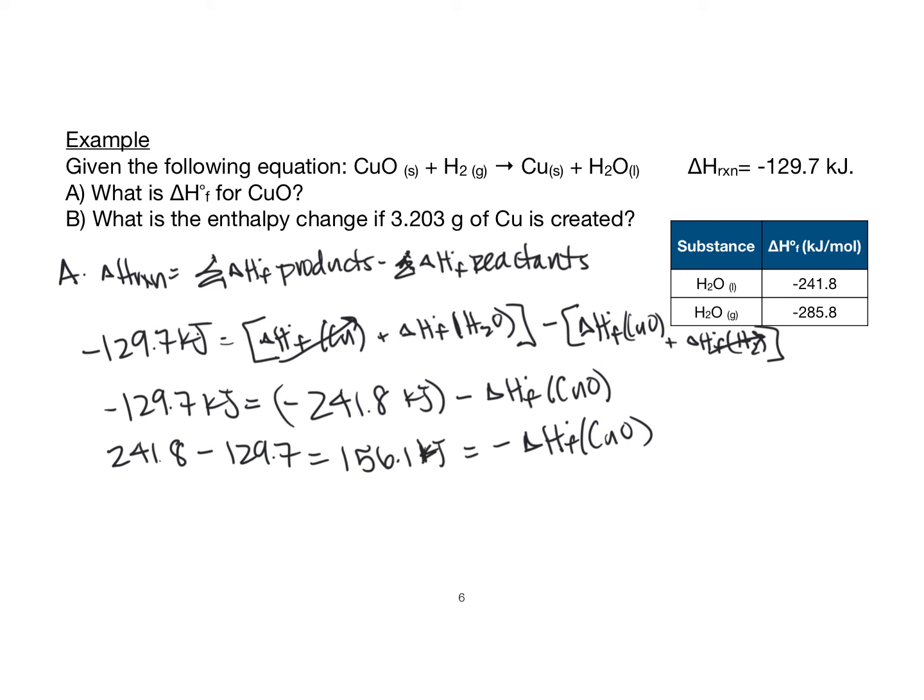Now, it's important to note that this is a negative delta H not F. Therefore, delta H not F of copper oxide is equal to negative 156.1 kilojoules.